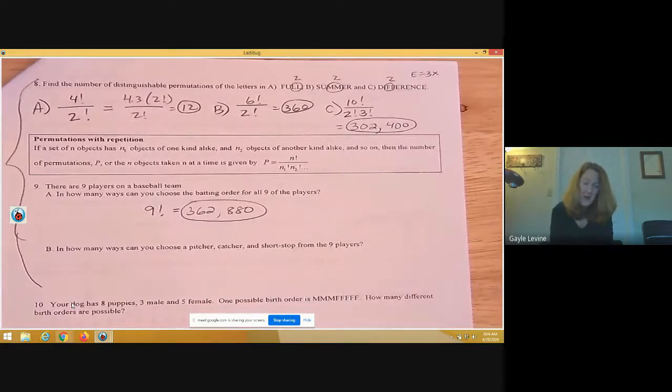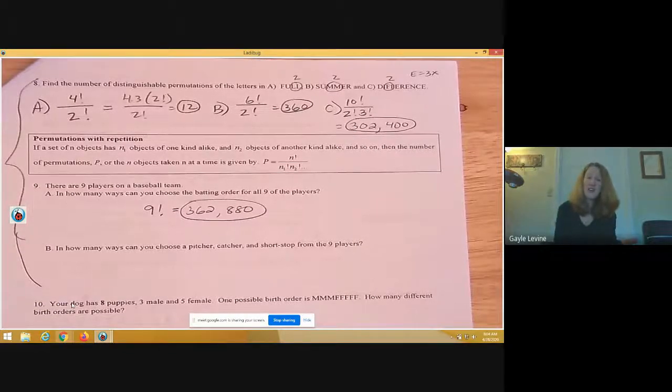9B, how many ways can you choose a pitcher, catcher, and shortstop from the 9 players? Here it's positioning, so the order matters. Trust me, if you're a pitcher, you are not a shortstop. If you're a catcher, you are not a pitcher. If that's your specialty position, they are very different positions.